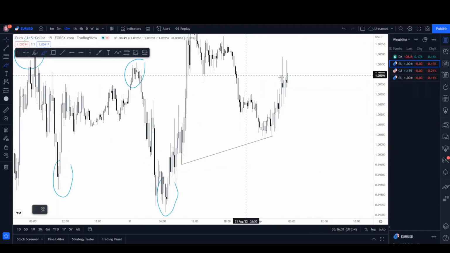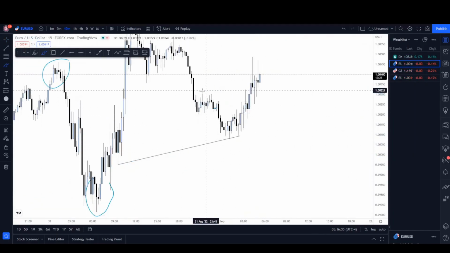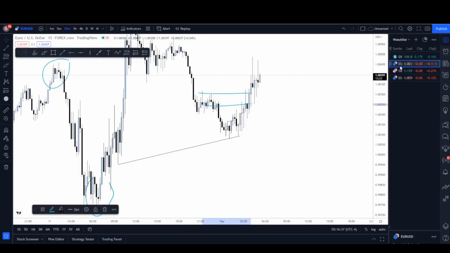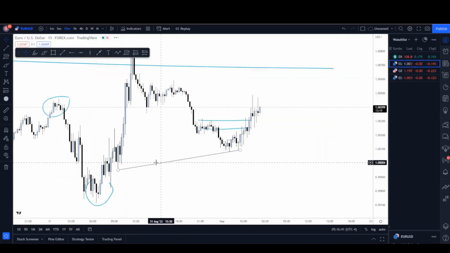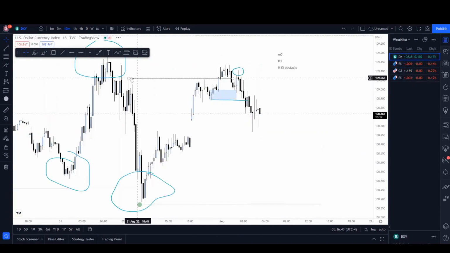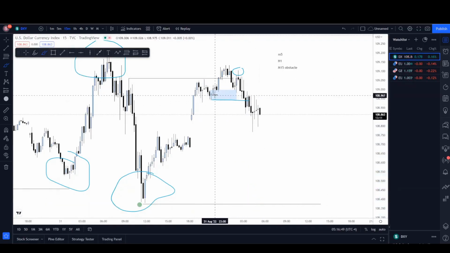For example, I'm going to go over this one more time. SMT divergence, so this becomes an obstacle from the dollar. If we look at the dollar broke this high, EU failed to break the low, therefore dollar structure changed to bullish, failed lower high, failed to create a lower low, so this becomes your structure point.